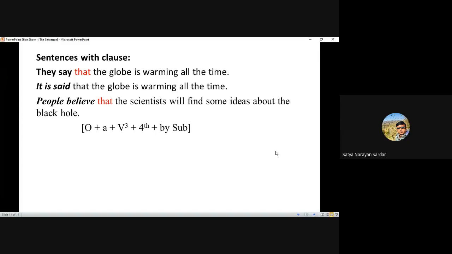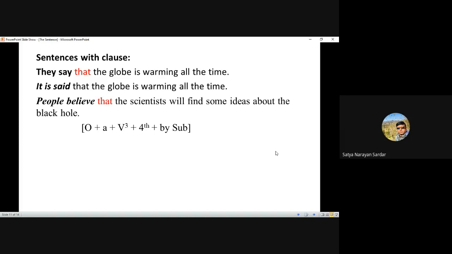Now let me tell you, this structure that is seen on the screen is a very common structure for changing from active to passive: O, A, V3, fourth, by subject. O means object. A means auxiliary verb. V3 means past participle. Fourth means the sentence can have four parts, and then by subject.